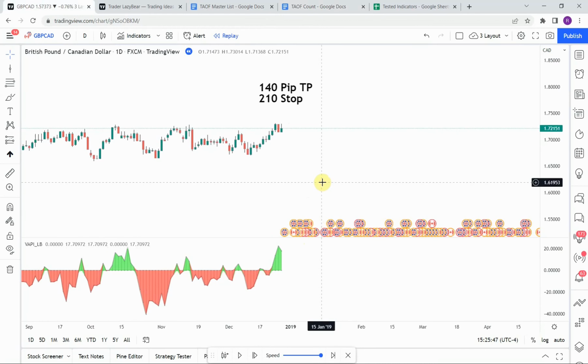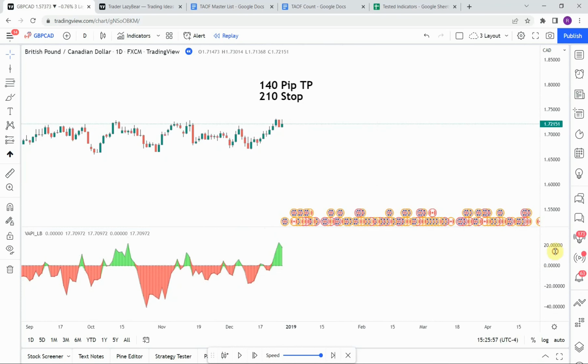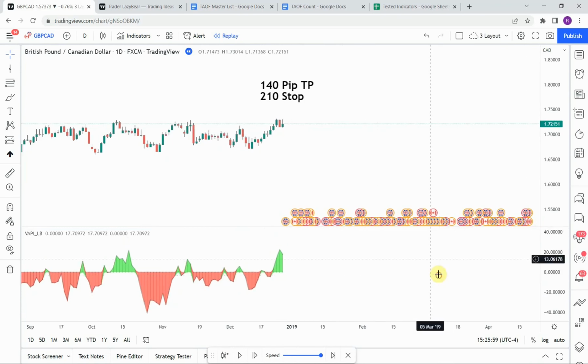Okay, so today's indicator is the volume accumulation percentage indicator, and you can see it here on the bottom of the screen. Setup on this is pretty easy, as I'm sure most of you can tell. We have a zero line, and we have the oscillating line here pivoting around that zero, going to the upside and the downside.